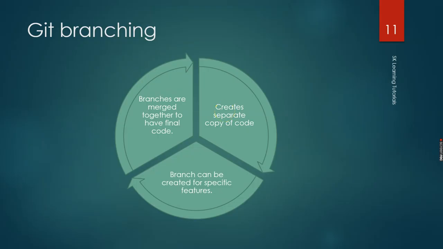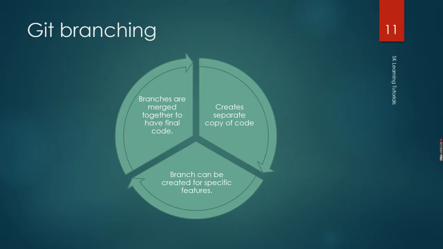Now let's move to the next point, that is, a branch can be created for a specific feature. In practice, each developer creates his own branch to regularly push his code. Branches should be created feature wise. Let's say for the login feature, you can create a login branch to write the login specific code. For the create account feature, you should create a new branch, let's say create account, where you can write the code for the create account feature.